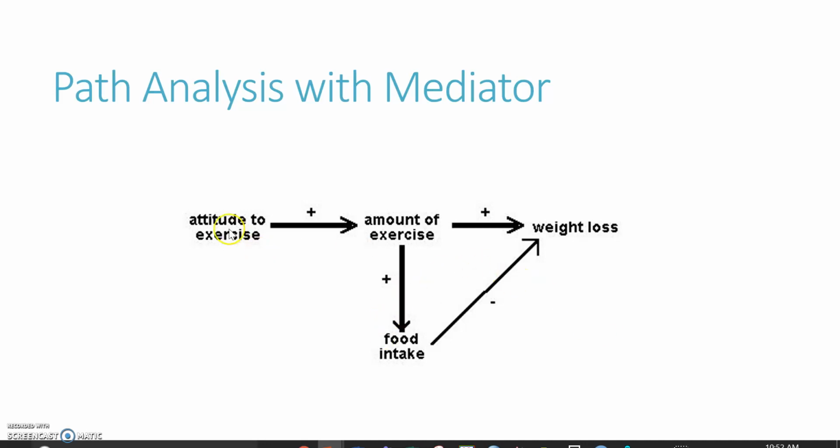So in this case, we've got this model where attitude leads to exercise, amount of exercise, which leads to weight loss. And we're also curious about the mediation effect, this triangle right here, through food intake. So does food intake influence the relationship between amount of exercise and weight loss? Meaning, are we accounting for some of this pathway through food intake?